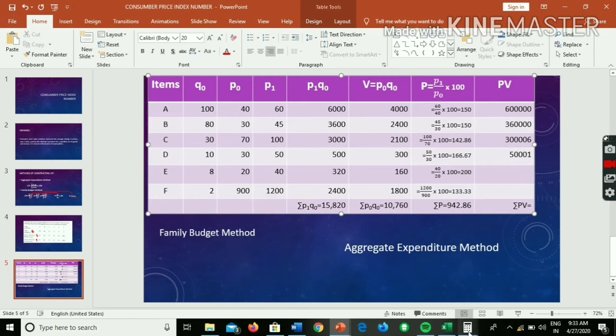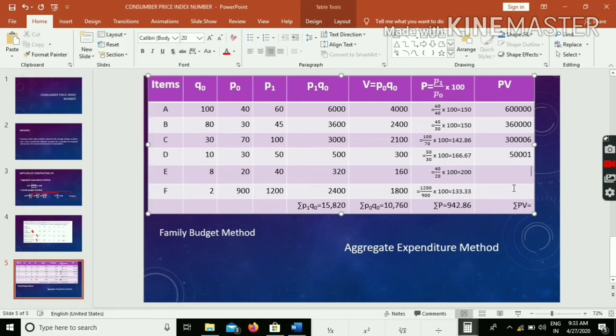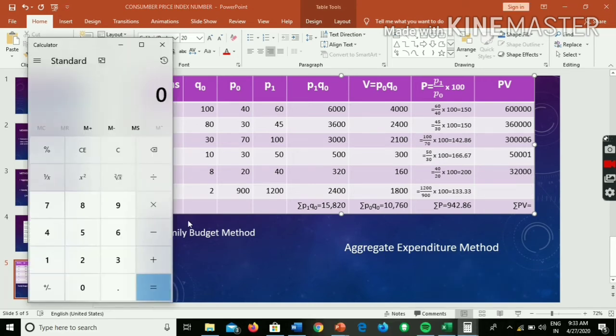Next 160 into 200, 32,000. Next 1800 into 133.33, so 2,39,994.